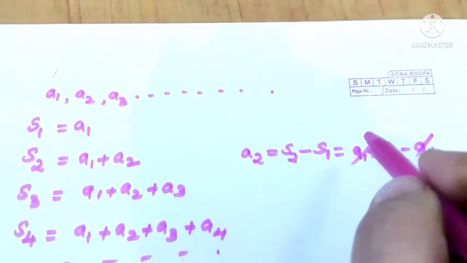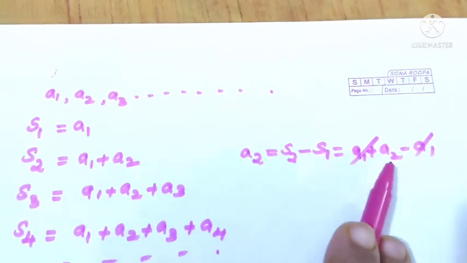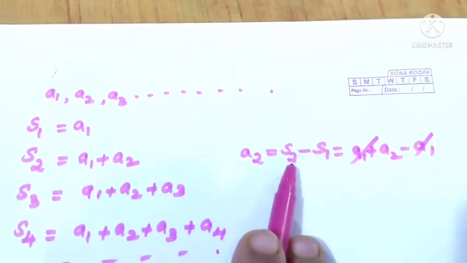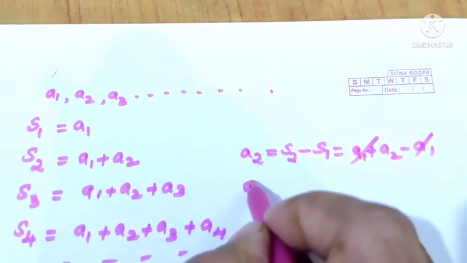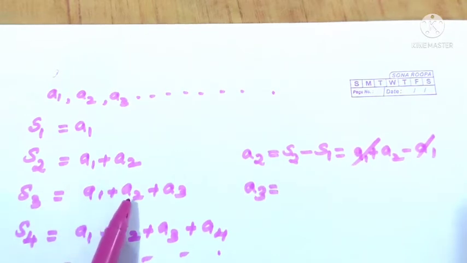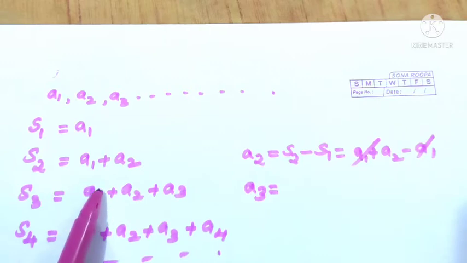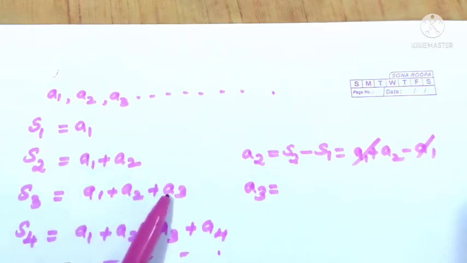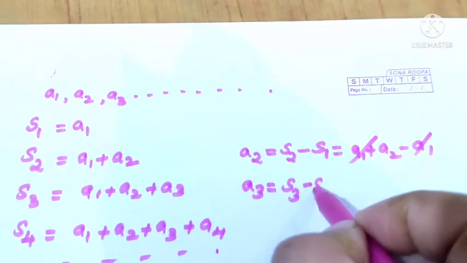So a1 will get cancelled, only a2 will remain. So instead of a2 we can write in terms of sums, that is S2 minus S1. Now I want a3. So a3, you tell me, a1 plus a2 plus a3 minus S2. So a1, a2 will get cancelled, what is remaining? a3 only. So let me write S3 minus S2.